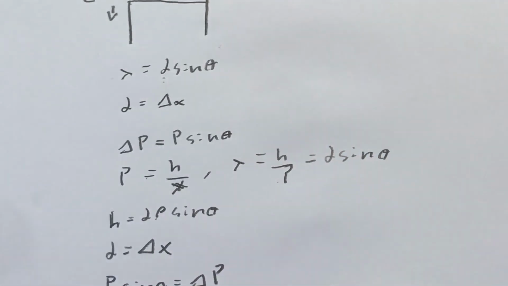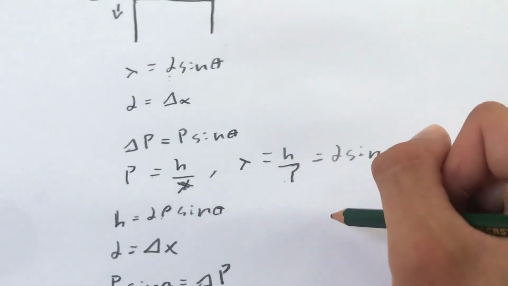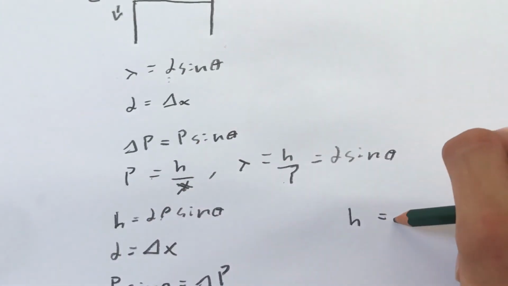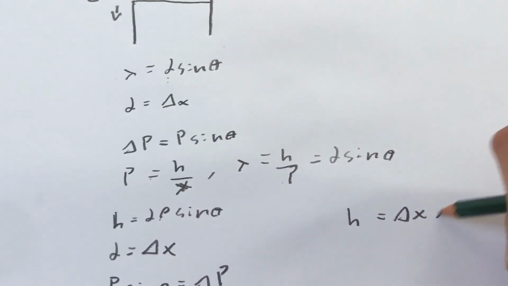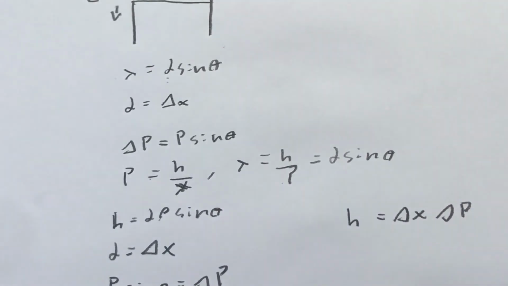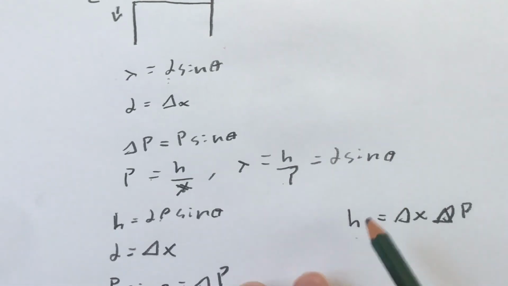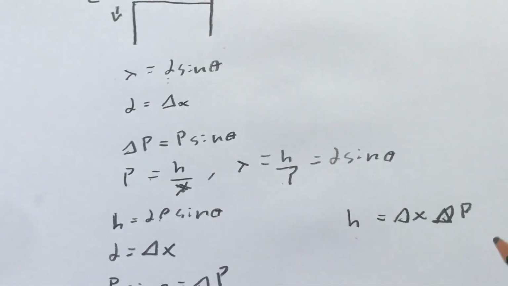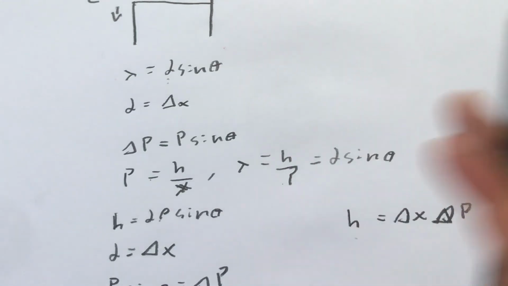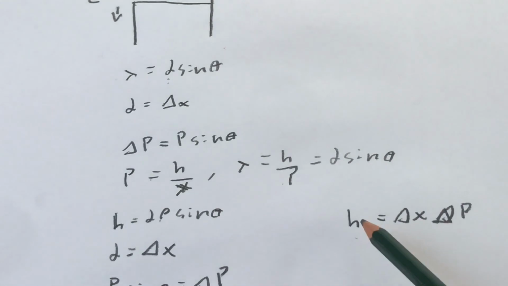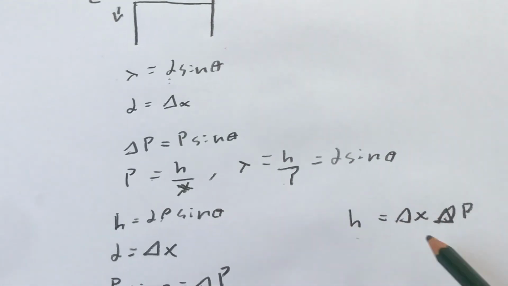So we take these terms, and then you get h bar is simply then delta x delta p, which is not Heisenberg's uncertainty principle, because there are a few inaccuracies in deriving the equation in this sort of way, but it gives you a hint of how Heisenberg's uncertainty principle works.